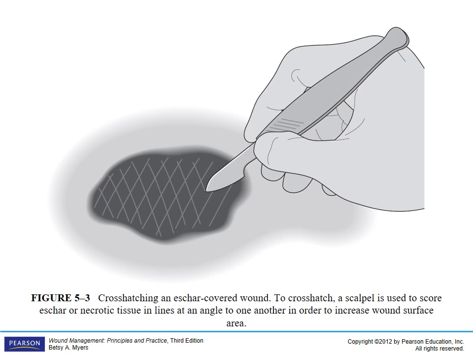Number one is that if you cross-hatch eschar, the topical antimicrobial or the topical debridement creams that we have can then get into the eschar and soften it even more and help you debride even more the next time you see them. But when we start debridement, cross-hatching helps you get underneath that necrotic tissue and pick it up with your forceps and your scissors.